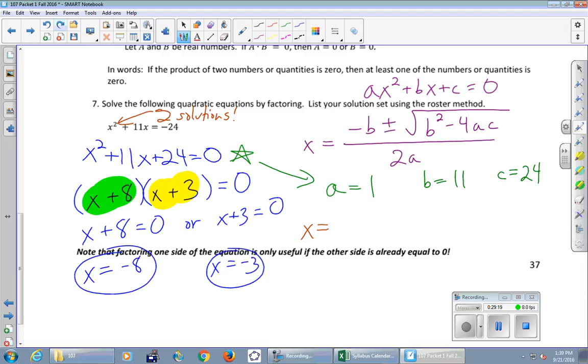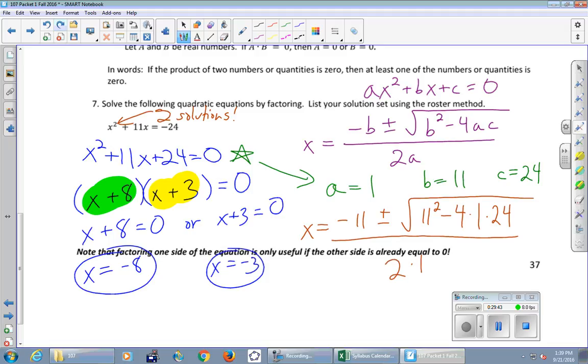Negative b, the opposite of b is negative 11, plus or minus the square root of b squared, 11 squared, minus 4 times a times c, 1 times 24, divided by 2 times a, 2 times 1.